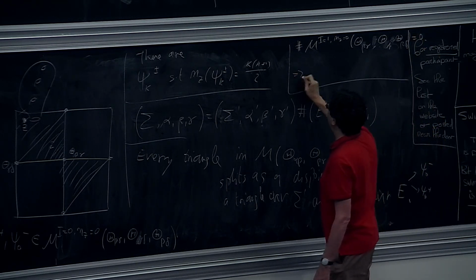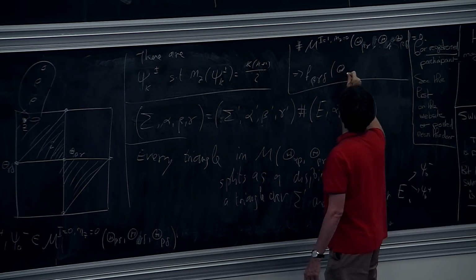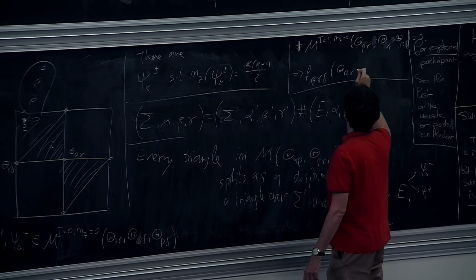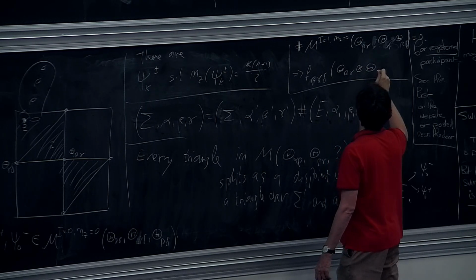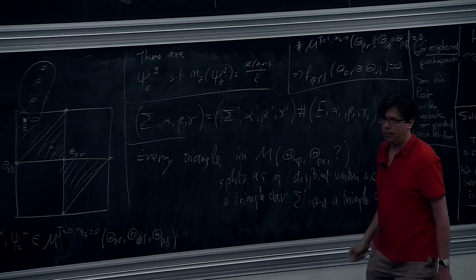And that implies that the map F alpha, F beta gamma delta of theta beta gamma tensor theta gamma delta is equal to 0.